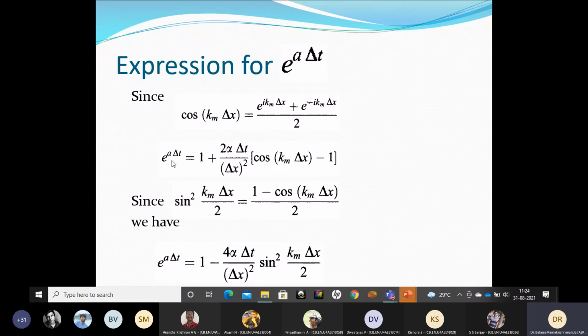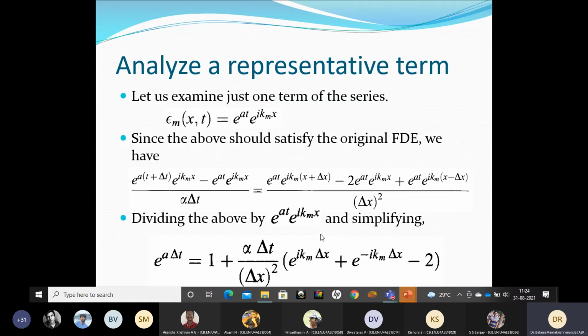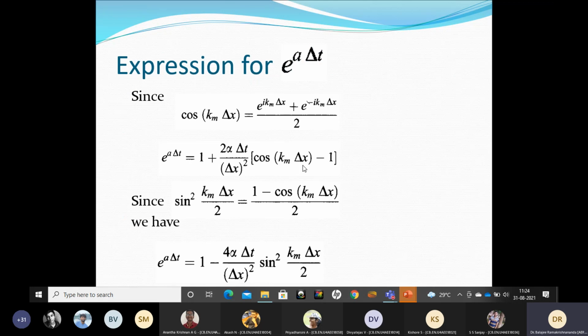So now e power a delta t you can simplify using these two terms, minus 1.